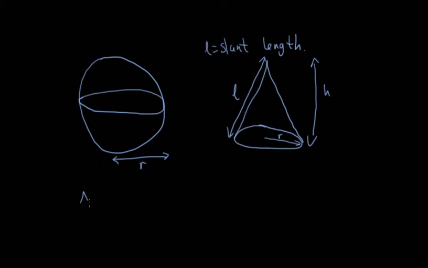So the area of our sphere is 4 pi r squared, so that's the surface area.